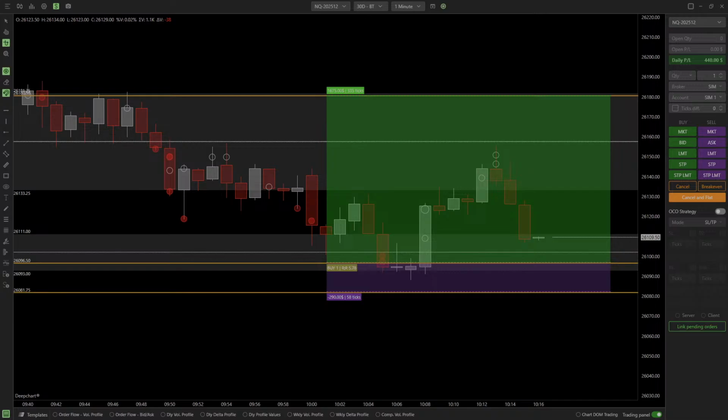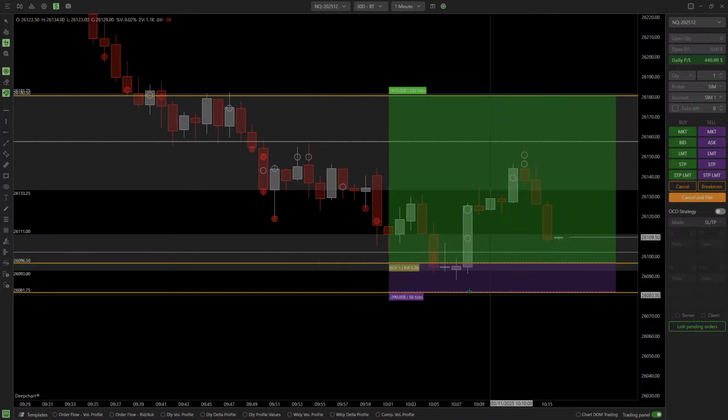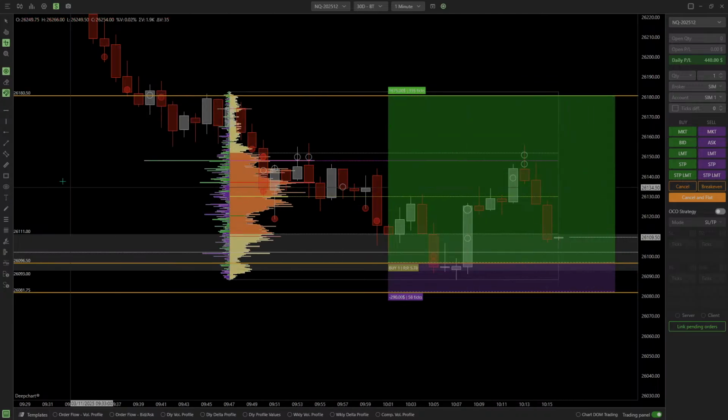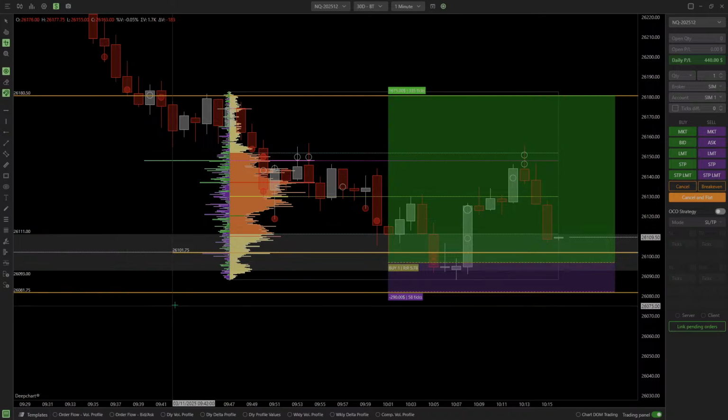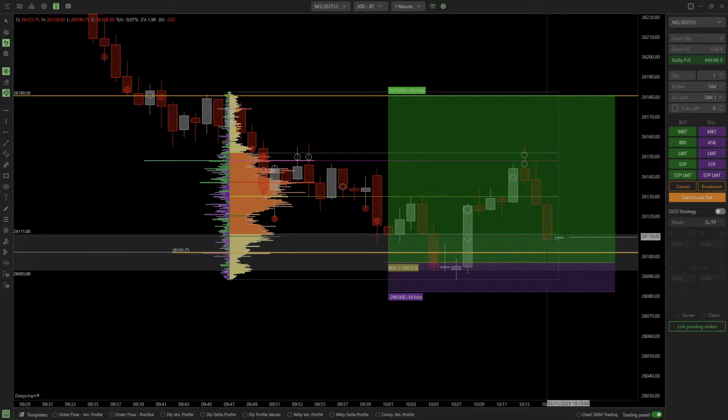Okay, pause. I think there's an opportunity for a second entry right here. So before we enter, I'm just gonna draw. The entry is right here. With our stop can be limit buy.